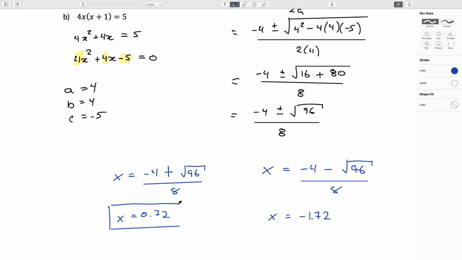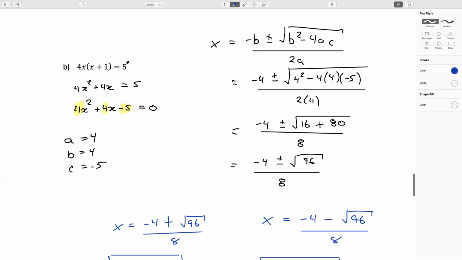So when you're using the quadratic formula, there's a few things that you really need to keep in mind. First of all, don't worry about the order that the equation's written in. Worry about what the term attached to x is, the term attached to x squared is, and the term with no x, because those are going to be a's, b's, and c's. Make sure that everything's on one side of the equation, because as we saw up here, if the 5 is on the right-hand side, you're going to get the sign wrong when you go to put it in the quadratic formula.